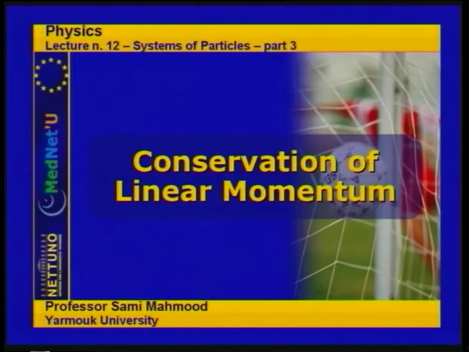From this concept and this principle, from this general form of Newton's second law of motion, which states that dP by dt equals the summation of the external forces acting on the system, we can arrive at the important statement, which is the principle of conservation of linear momentum.